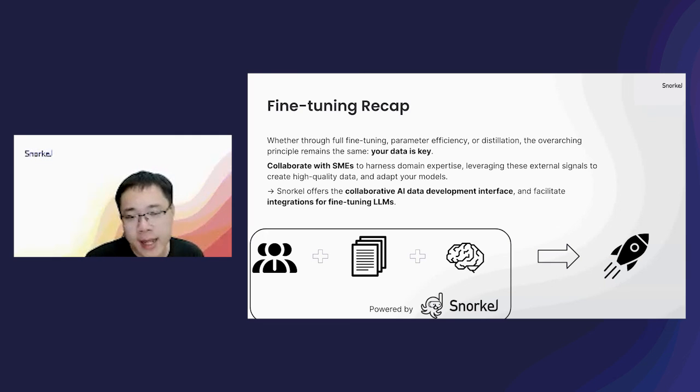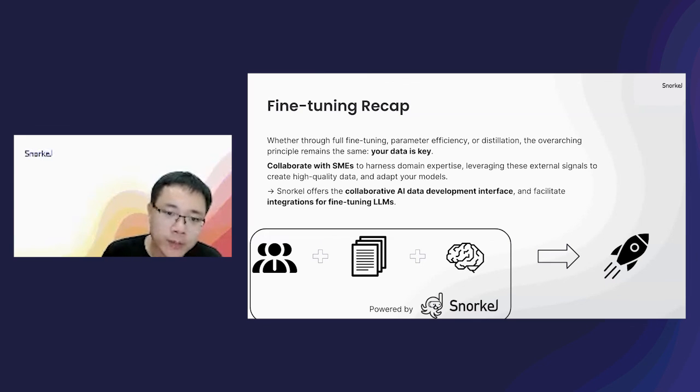Snorkel is a collaborative AI data development platform, where it allows you to collaborate between your subject matter experts, your data, and also the model piece. All of this is combined with the error analysis loop, where you see the errors, see where it failed, and improve your existing models in those important slices. All of this can be done in Snorkel Flow, and these are the things that power your deployments of production-level models.